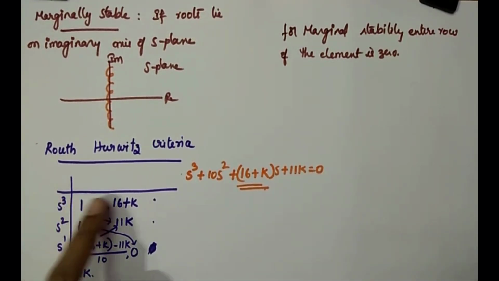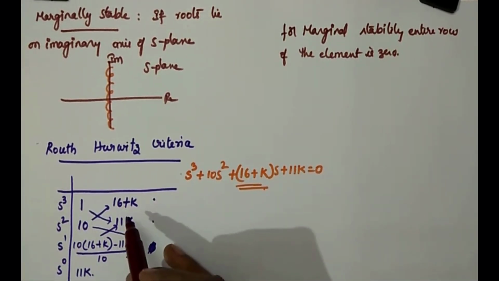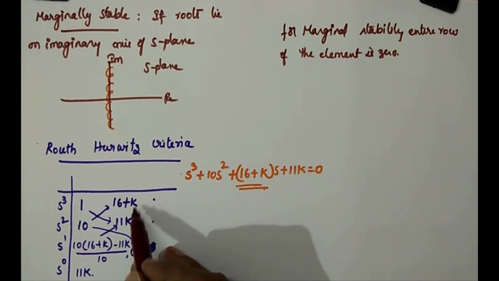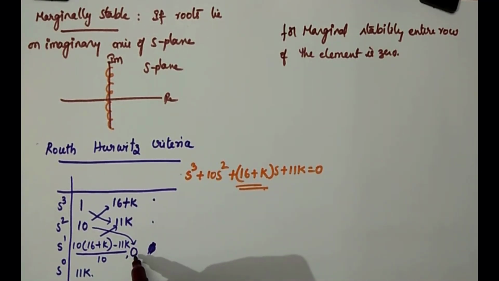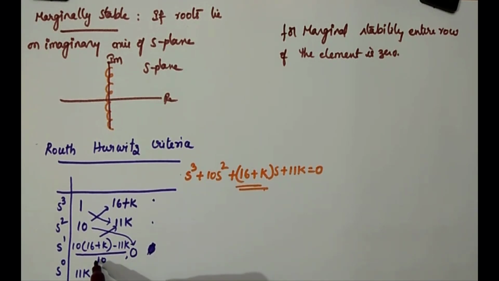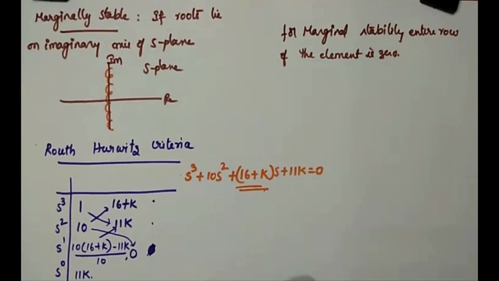The first row is not possible and the second row is not possible. See here, in the third row, 1 0 is already there. So if it is 0, the system is said to be marginally stable. For that, you have to make this element equal to 0.